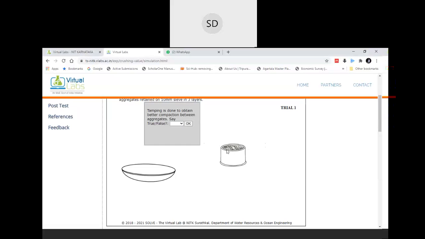Now if there is some additional material, remove it. Tamping is done to obtain better compaction between the aggregate. So you have placed your aggregate in the mold.